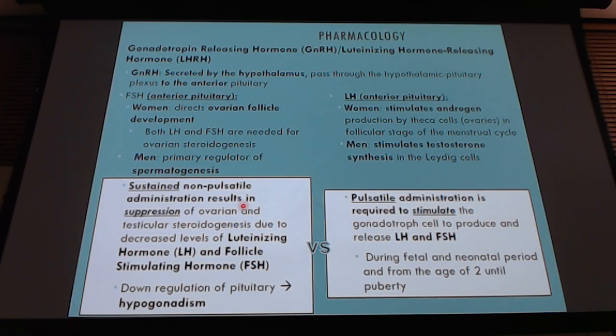So when you think about that, hypogonadism, down, right? Suppression, I'm decreasing everything. When I give this in a pulsatile manner, okay, so I'm pulse dosing you, I'm not keeping it on, you're not taking this every day, you're taking this on certain days. I'm giving it to you in a pulsatile manner, and I am stimulating you, right?